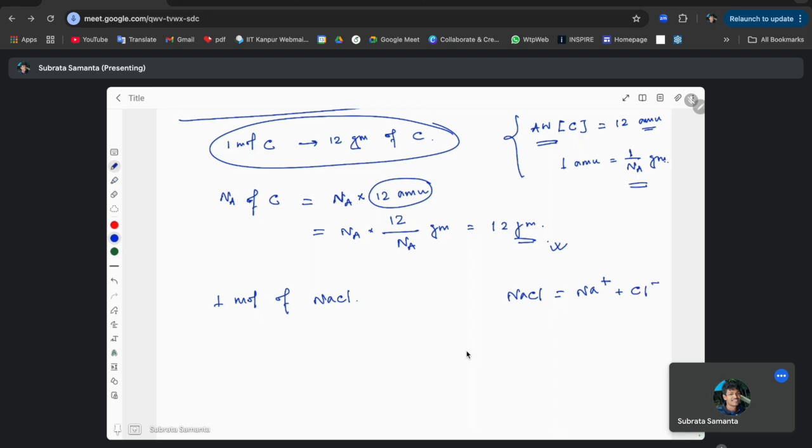In this case, we compute the formula weight, not the atomic weight. What is the formula weight of Na? It is 23. And what is the formula weight of Cl? It is basically 35, right?